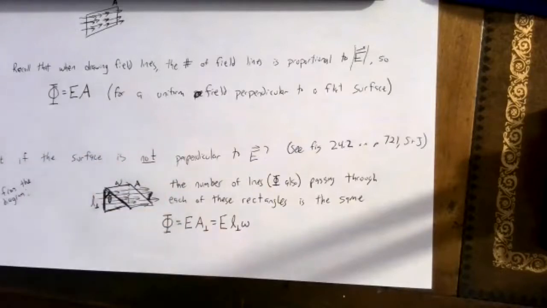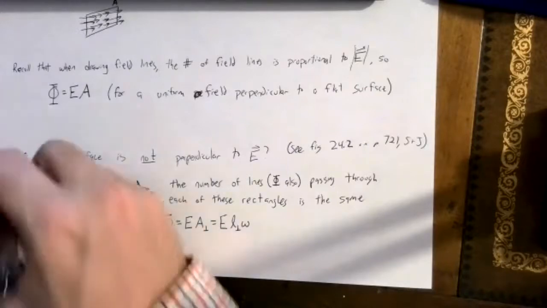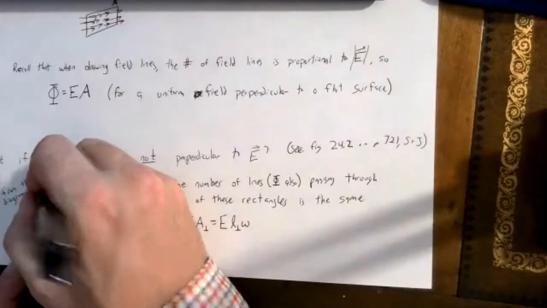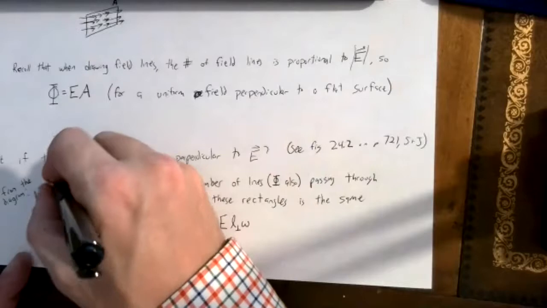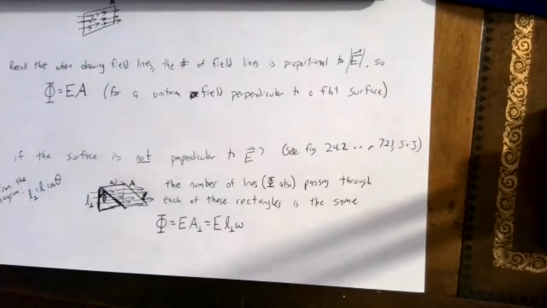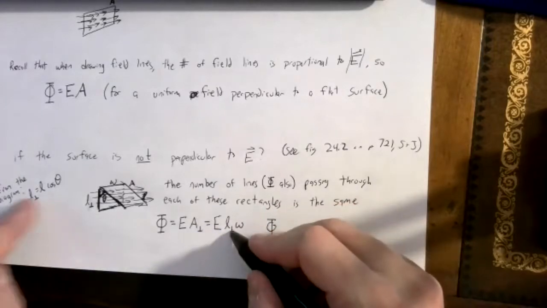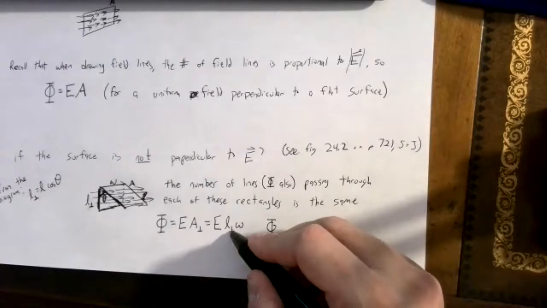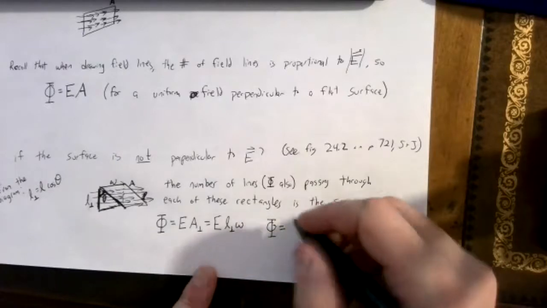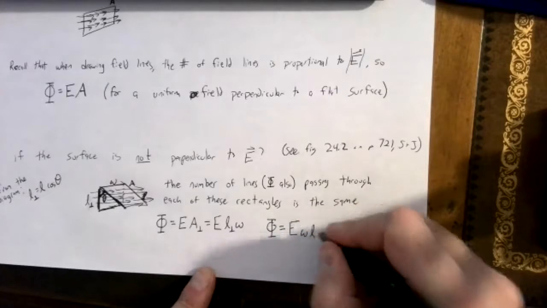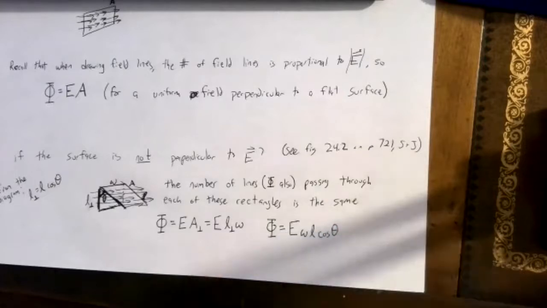So from the diagram, the perpendicular length is just going to be the length of the main rectangle times cosine theta. So if L perpendicular is L cosine theta, that means our flux is going to be the electric field times the width times the length times the cosine of the angle.